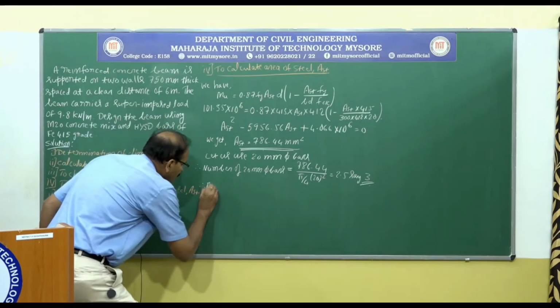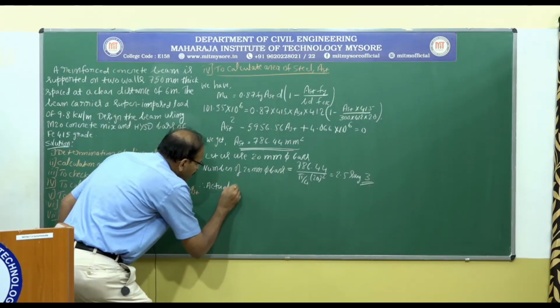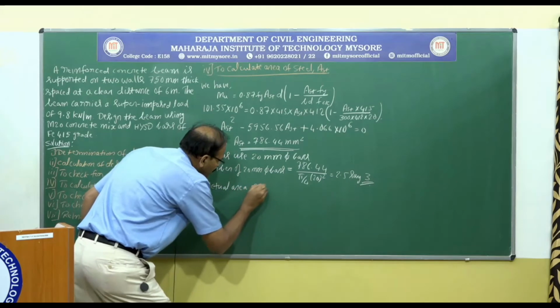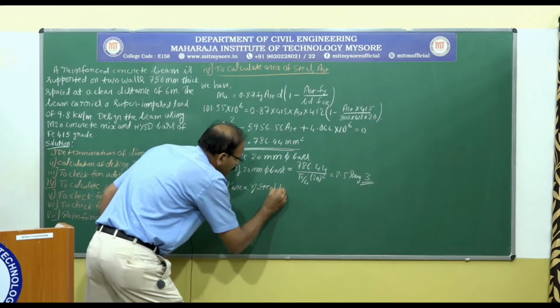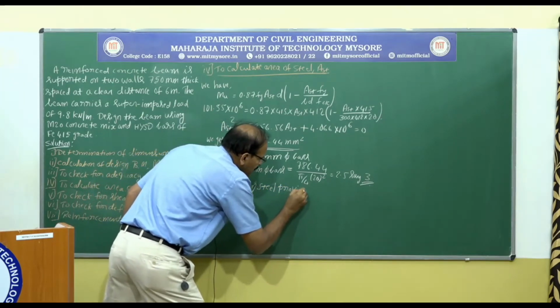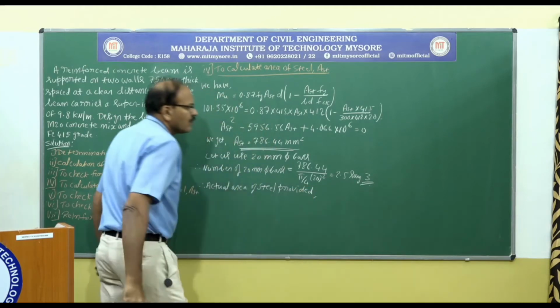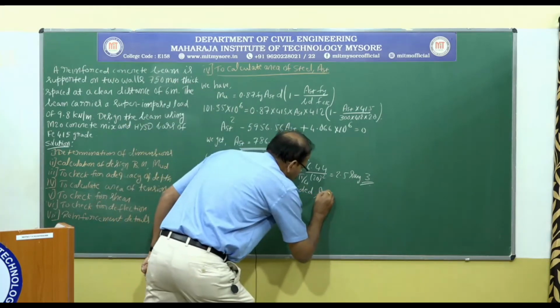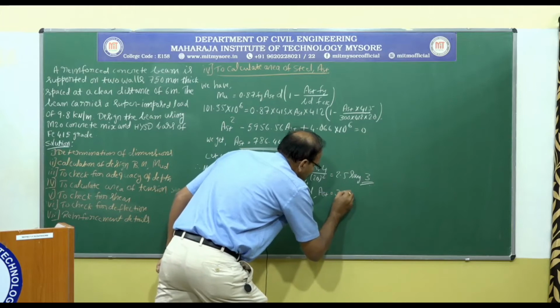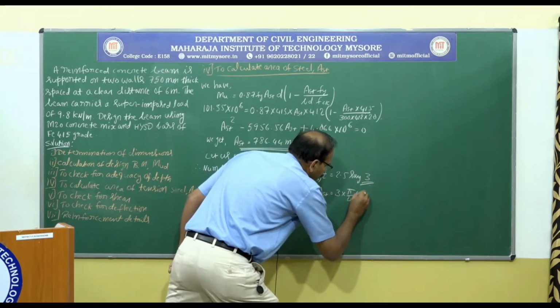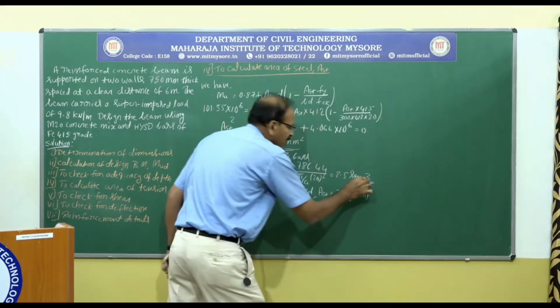Therefore, actual area of steel provided, again I am going to call that Ast itself, is 3 multiplied by pi by 4 into 20 square, because we have 3 bars.